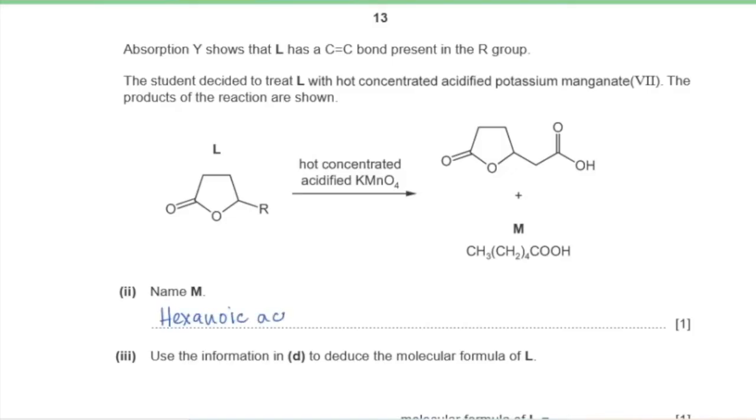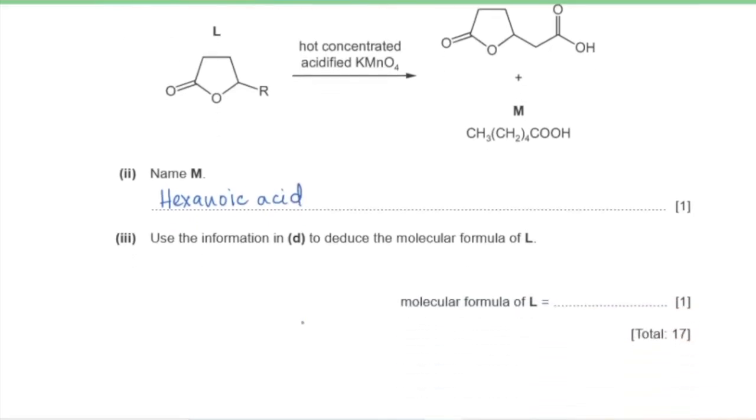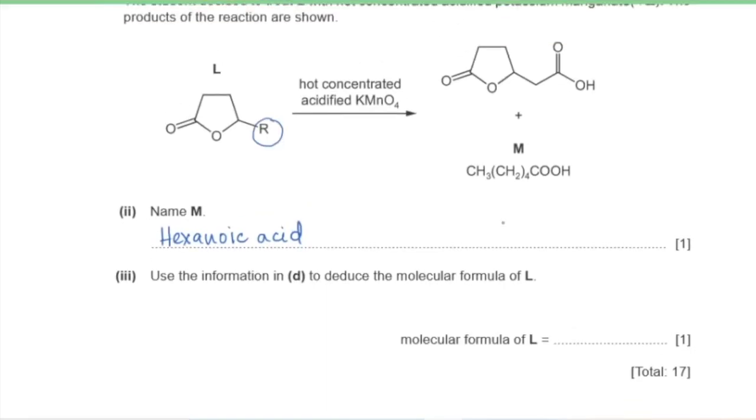It is a straight chain of 6 carbon atoms with a carboxylic acid group. Part 3, use the information in D to deduce the molecular formula of L. Now, these two products after the reaction of L with hot KMnO4 give 2 carboxylic acid groups. This means that we are going to have a C to C double bond and hydrogen on each of these 2 carbon atoms.